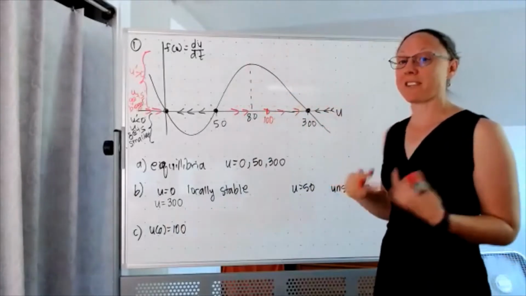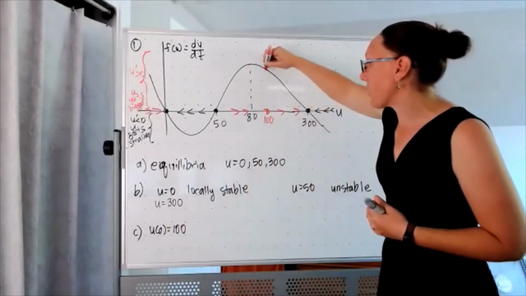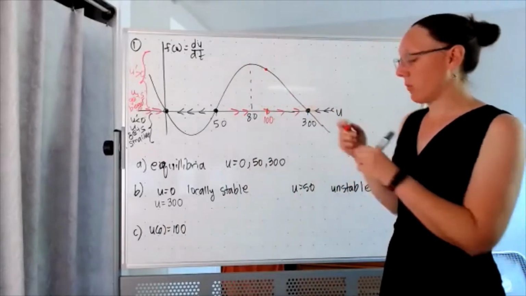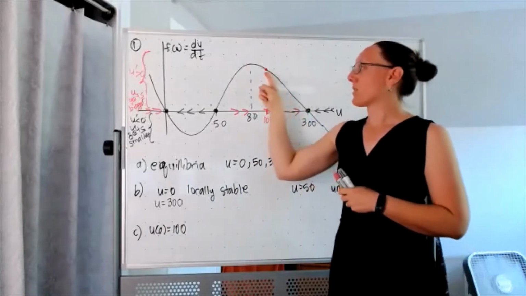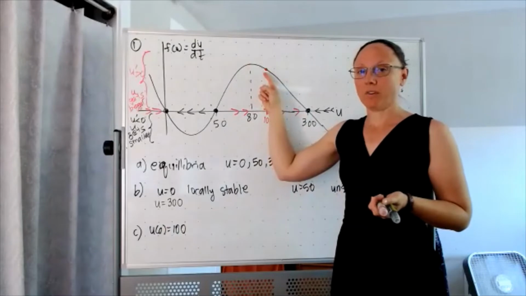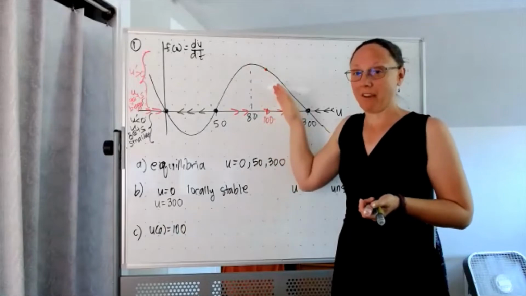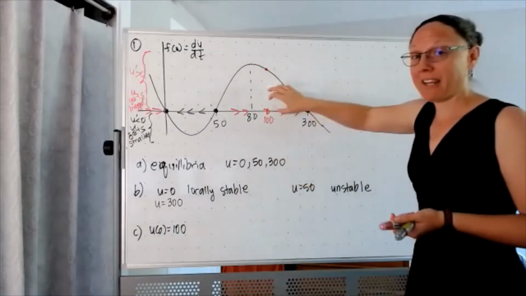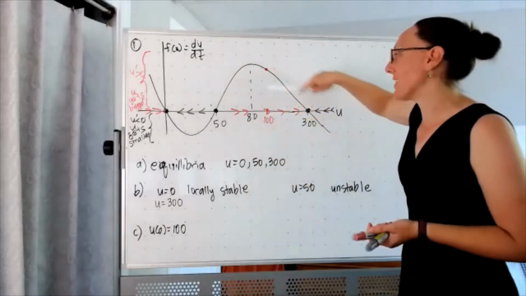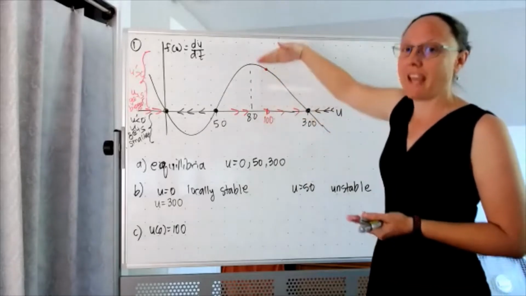And this curve tells us how we're going to change. So if I go to this curve, then we started out at 100, and now we're saying that the change is a positive value. Well, if the change is positive, then I know that I'm going to increase from 100 to something else. And I'm going to keep increasing because my derivative continues to be above the axis here.